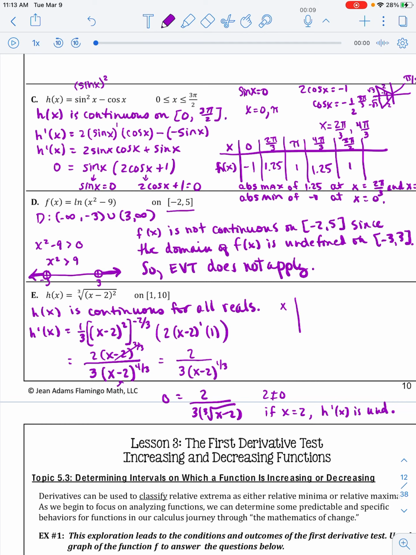So on our candidates test, not only do we have our endpoint of 1, we've got our critical number of 2, and we've got our endpoint of 10. And so if I put a 1 in, I get 1. If I put a 2 in, I get 0. If I put a 10 in, I get 4.